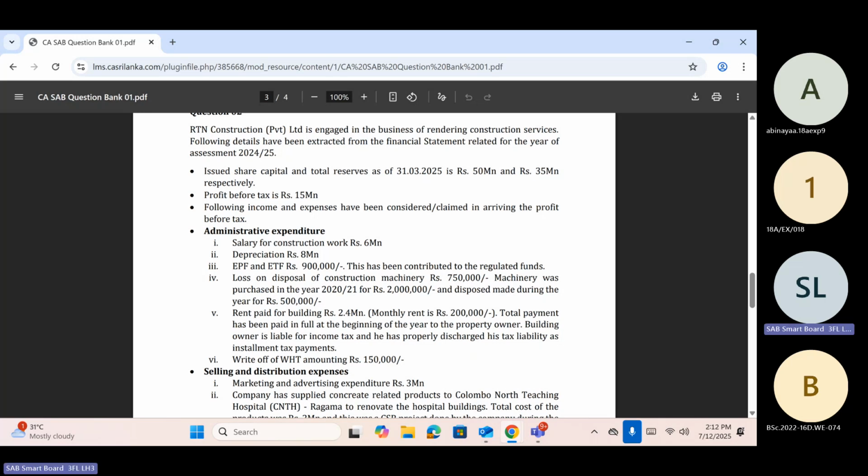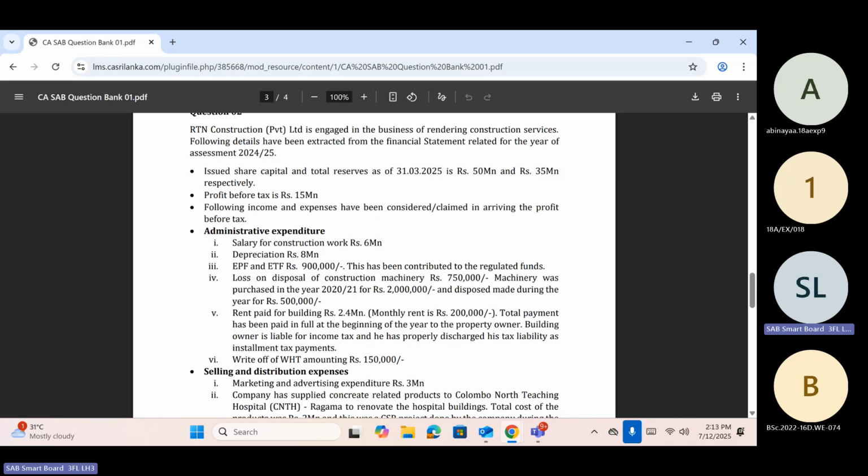Depreciation is a provision. Provision is not allowed under section 10. It says any provision for future expenditure or future losses that have not yet occurred is not allowed.